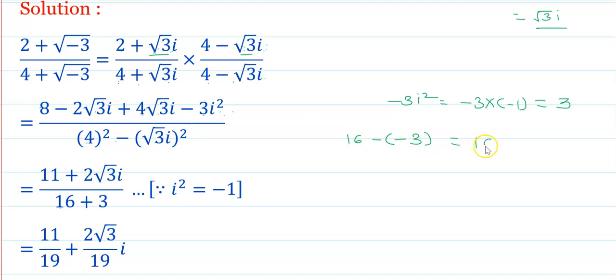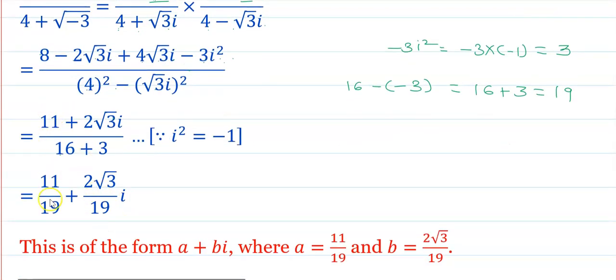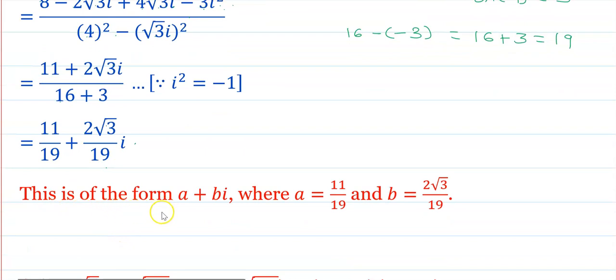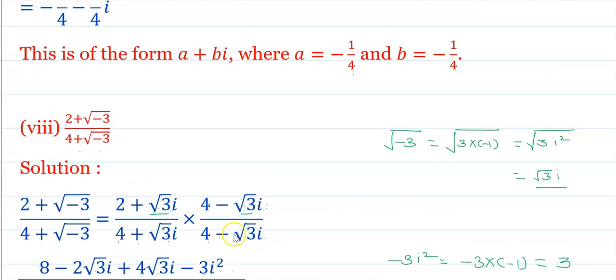Overall 16 plus 3 and you are getting 19. Okay, and hence 11 upon 19 plus 2 root 3 upon 19 i. And hence this is of the form a plus bi, where a is equal to 11 upon 19 and b is equal to 2 root 3 upon 19, in this way.